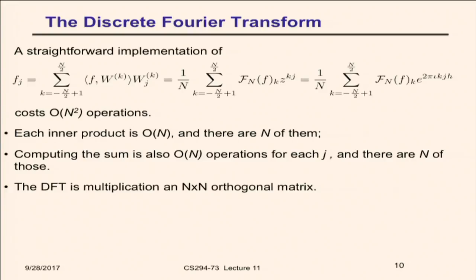So it's matrix multiplication. That's order n squared, and that's kind of intrinsic. Furthermore, it's matrix multiplication by an orthogonal matrix, so that the inverse is equal to the transpose. So that looks like a deal breaker, except until it wasn't.